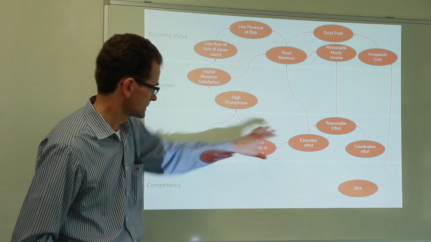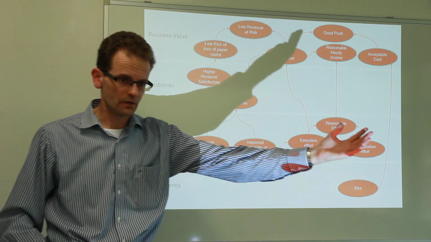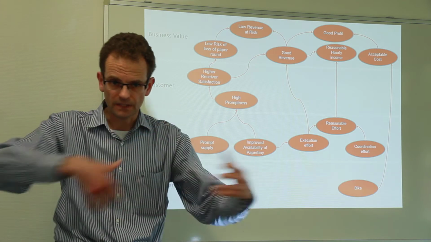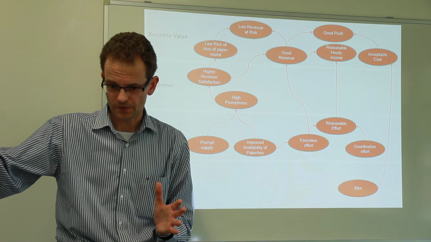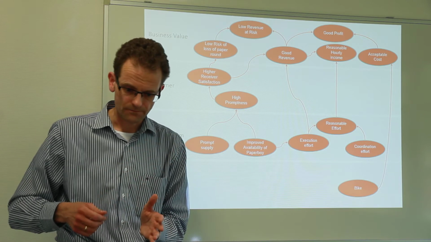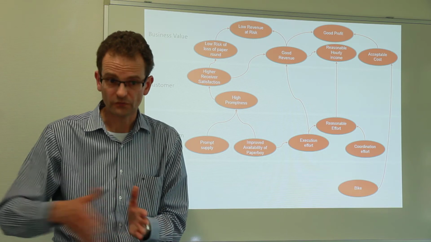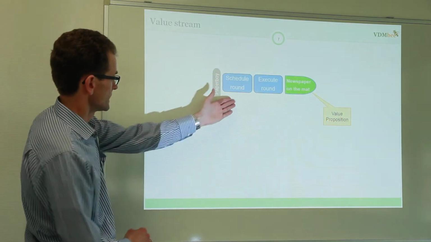At value stream level, that is where value propositions are received and delivered in the network, and when we deliver value propositions, as we will show you in a minute, you can also do certain activities that create that value proposition, which we call a value stream. Here is an example.